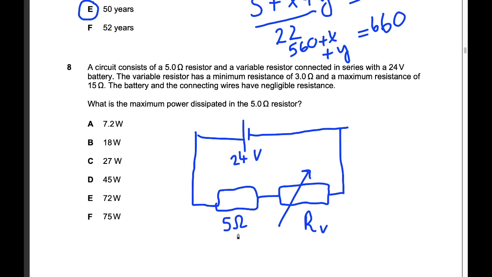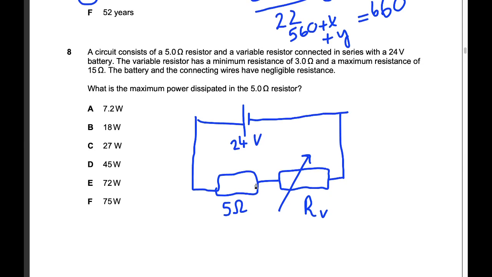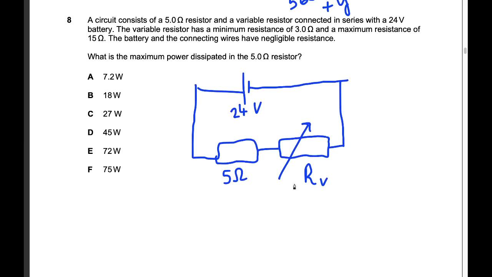Okay, so what is the maximum power dissipated by the 5 ohm resistor? That depends on the resistance of the variable resistor. So I'm going to first use a potential divider equation to work out the voltage over my 5 ohm resistance.